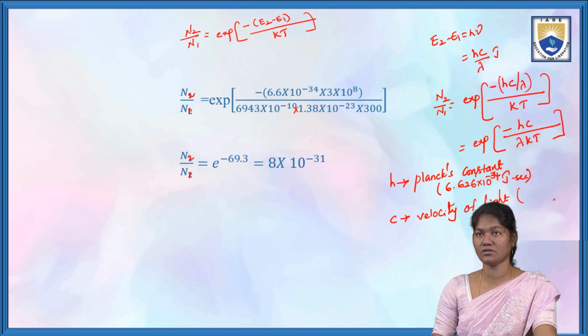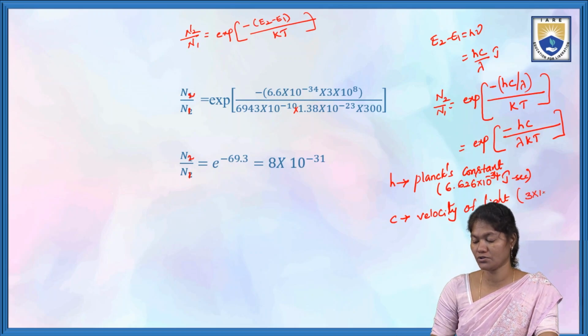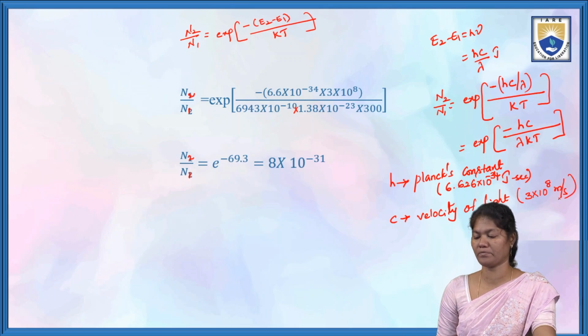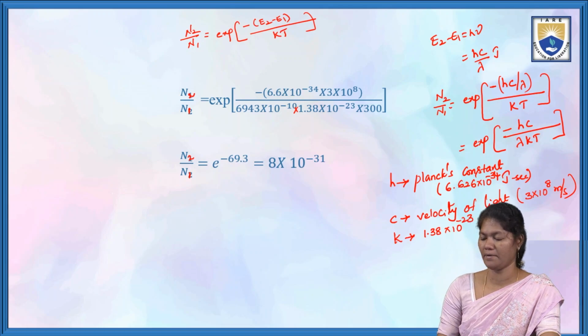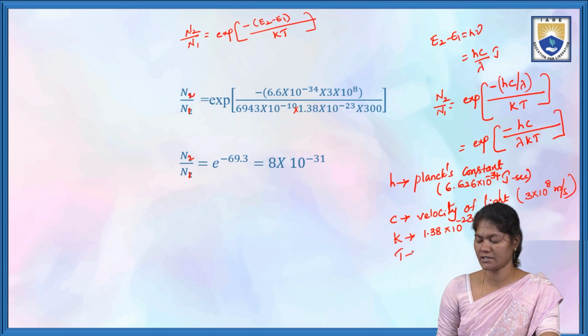So the velocity of light is 3 into 10 power 8 meters per second. And K is the Boltzmann constant, 1.38 into 10 power minus 23. And T is the temperature.